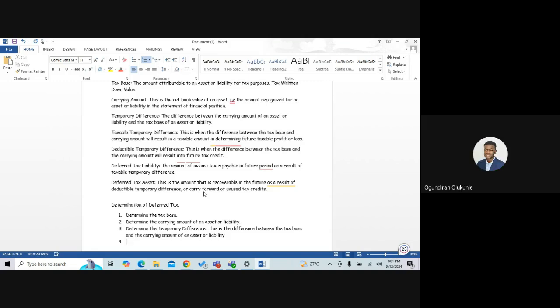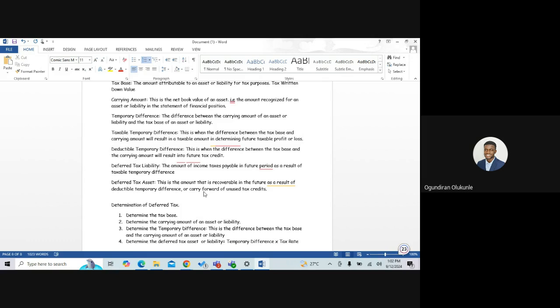Step four will now be that you determine the deferred tax assets or liability, and that is equal to temporary difference times the tax rate.